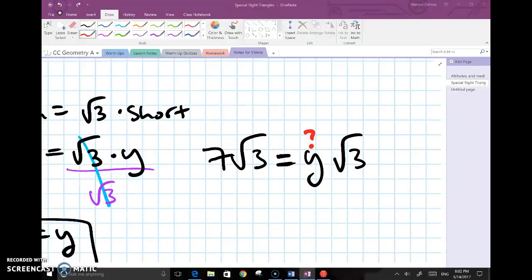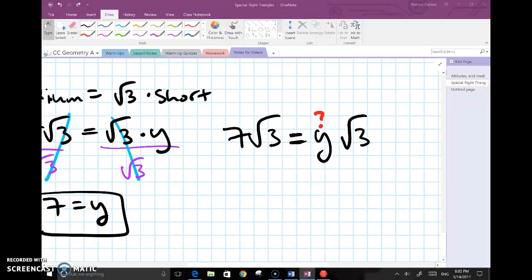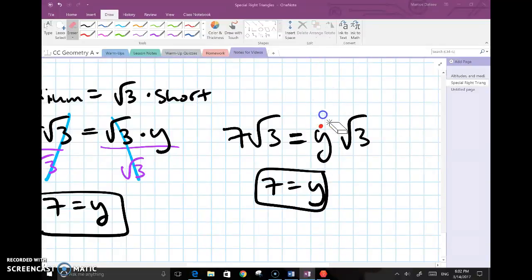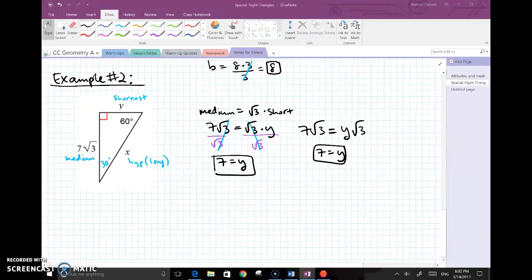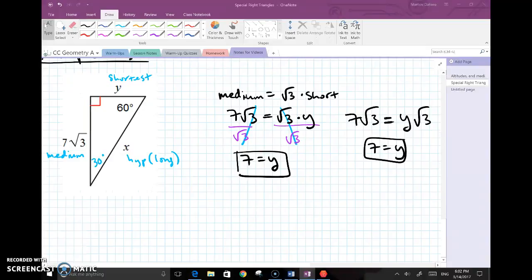Well, the answer to that is, if this y was a 7, then the two sides would be exactly the same. So in other words, my y must be a 7. By pure observation, we can figure this out. Okay, so, oops, sorry about that. Depending on what your teacher wants, you may have to show your work or justify your answer by observation by writing something down about how you got that.